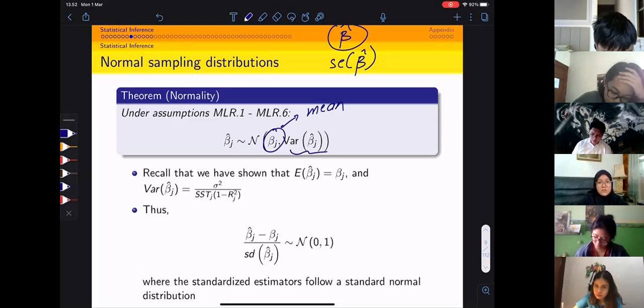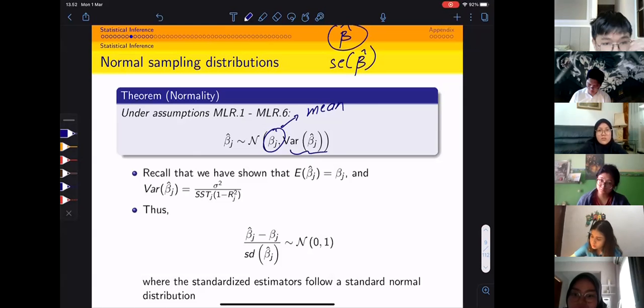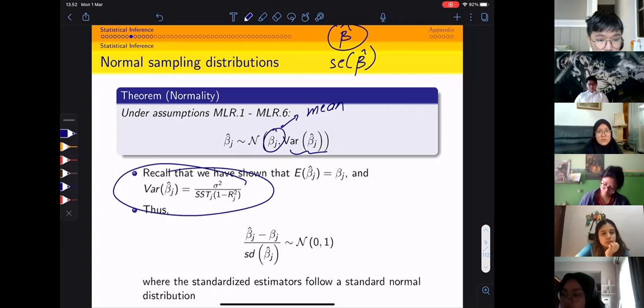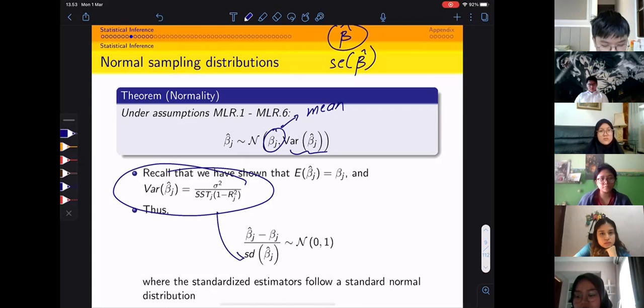So again, under the normality assumption, the estimated parameter beta is normally distributed around beta with variance of beta hat j. Now the question is, do we know the variance of beta hat j? Or given the sample, can we estimate the variance of beta hat j? In other words, can we actually estimate the standard deviation of beta hat j?